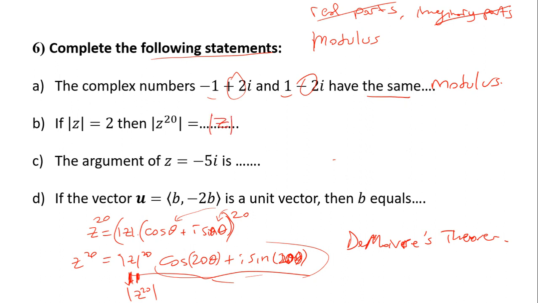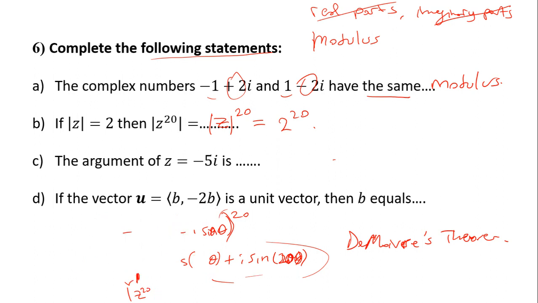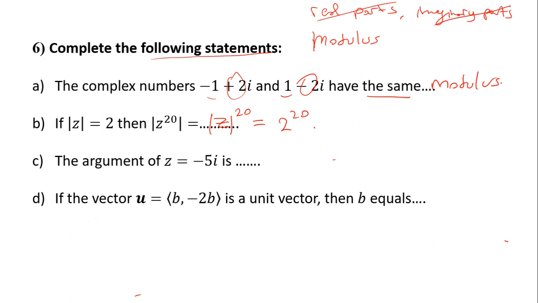It's a general rule. You can take this 20 out, and you can say this is 2 to the 20. Regardless of what we did here, this is a general rule. If you want to take the modulus of z to something, you can take the power of the modulus of z.